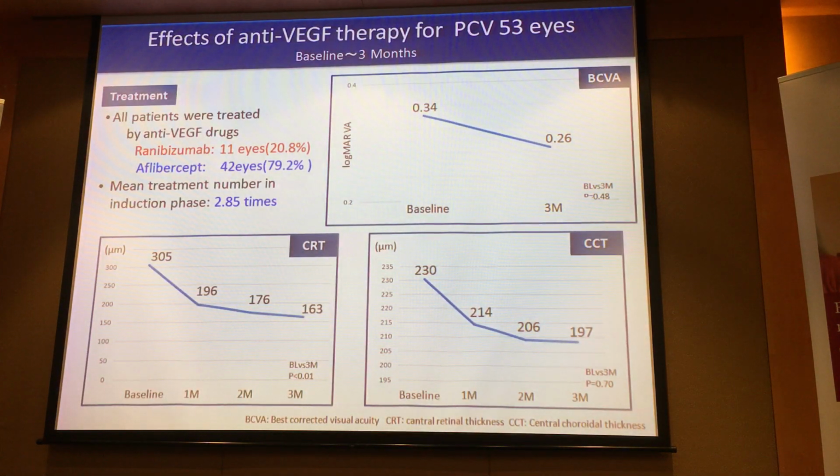In this study, anti-VEGF therapy for PCV showed the usual response: improvement of the visual acuity, decrease of CRP, and decrease of central choroidal thickness.